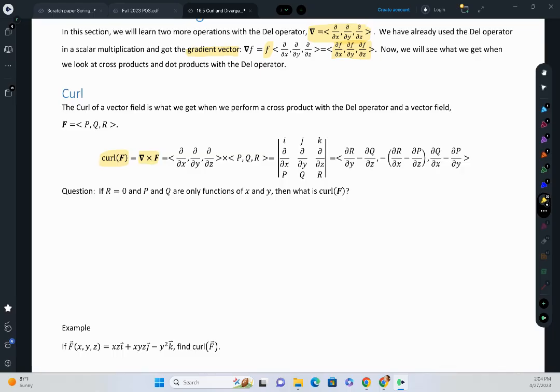And what you need to know and remember is that you're going to be taking two vectors. One of them is the one with the first partial operators, del/del x, del/del y, and del/del z. And then the other one is the components of F. So we set those up in a cross product calculation using determinants, where the first row is your i, j, k, second row is going to be your operators, and the third row is the P, Q, R components of F. And after you do the calculation of your determinant, what you come up with is this vector right here.